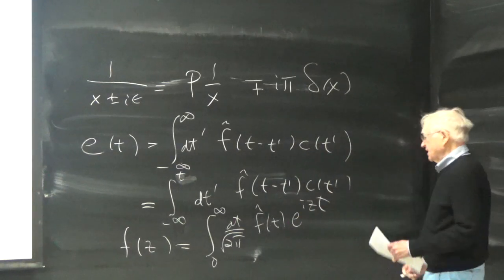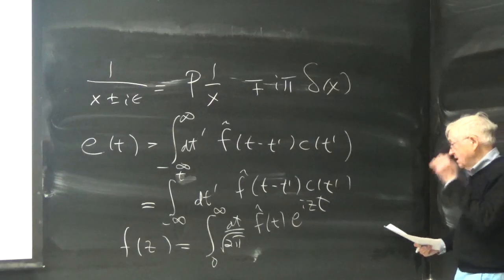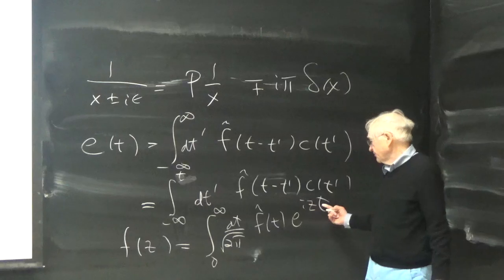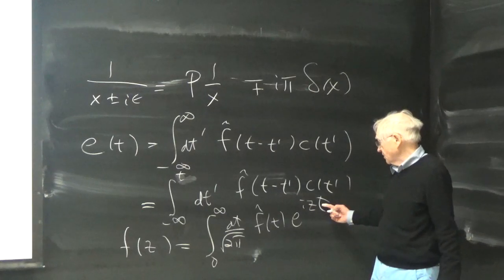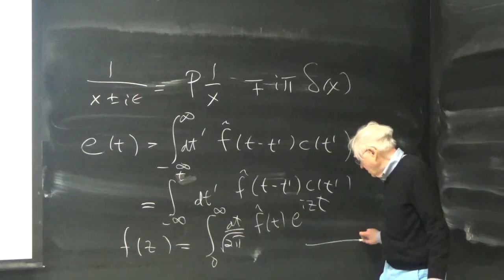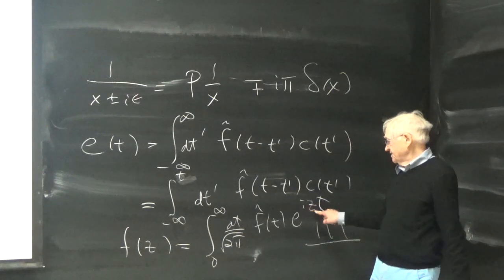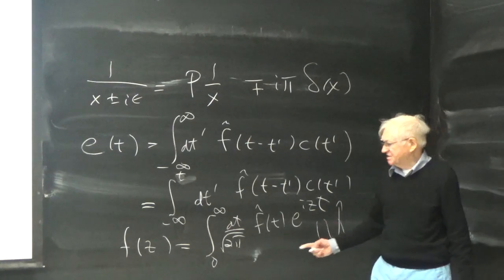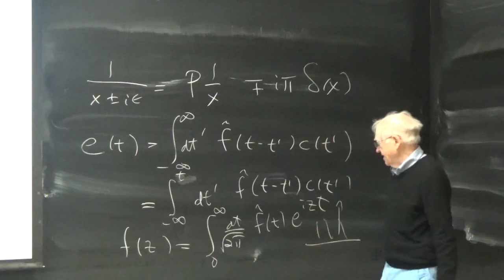Or equivalently, we can write, if we do this integral, then t here is strictly positive, and so for z in the upper half plane, this is a decreasing exponential as you go up, and so this f of z is very well behaved.